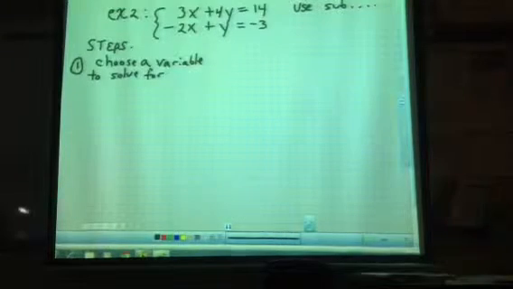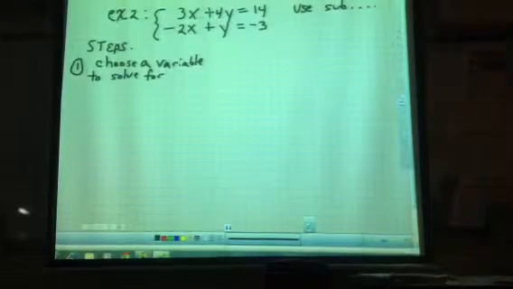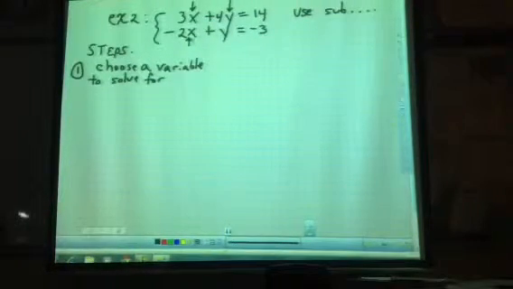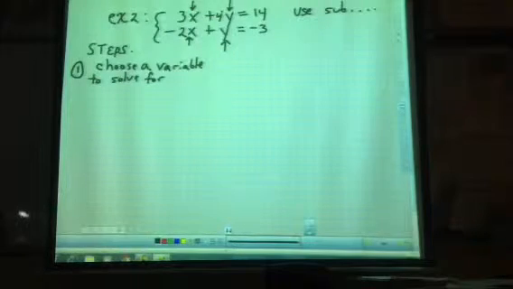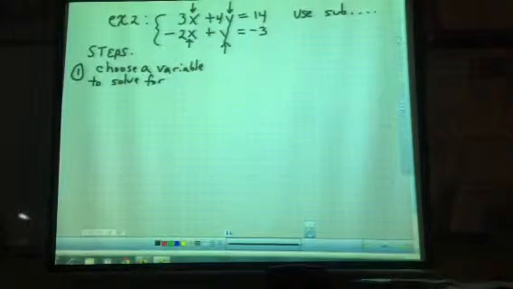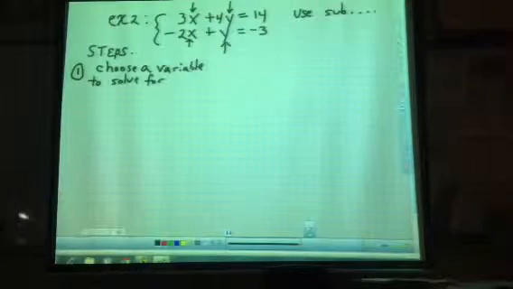That's an important step. You actually have 4 different variables. There's one here, there's one here, there's one here, and there's a variable here. You have 4 choices, and there is no wrong choice, but there are better choices. You must solve for a variable, and you have to choose one first. But be wise when you choose.